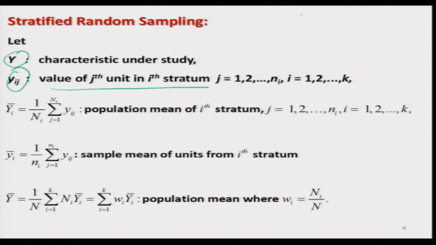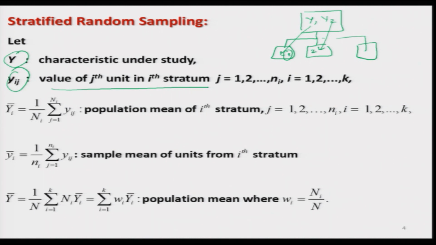This means, for example, if you have a population and you are dividing it into strata, there is some unit, say y1, and some unit y2. Now, this unit y1 may be classified, say, in stratum number 1, and y2 may be classified into stratum number 2.